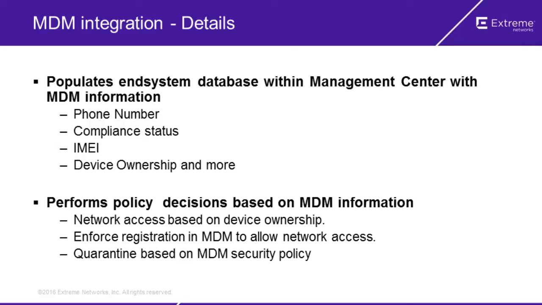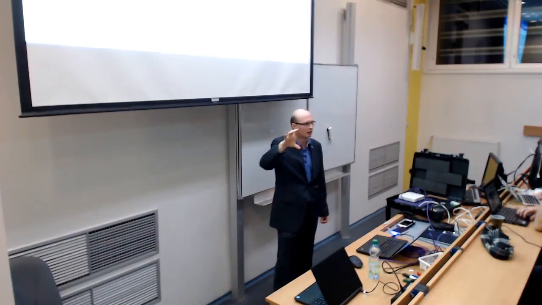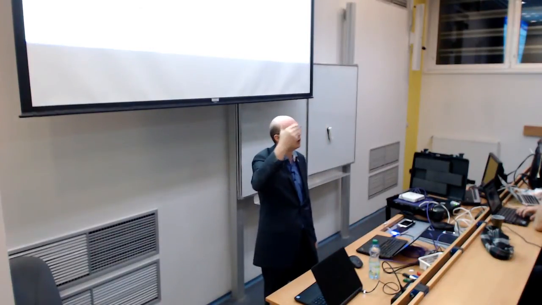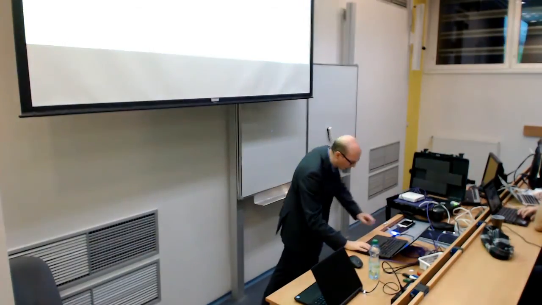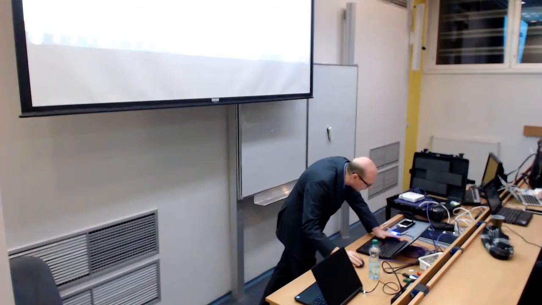From the MDM, we can get information about the client much more deeply. Not only that it's Android, but what version of Android it is, if it is a tablet or phone, what the amount of memory is, and such information. Even the phone number. And that was the slide which was here, right?